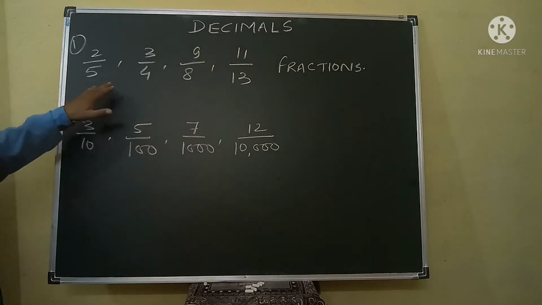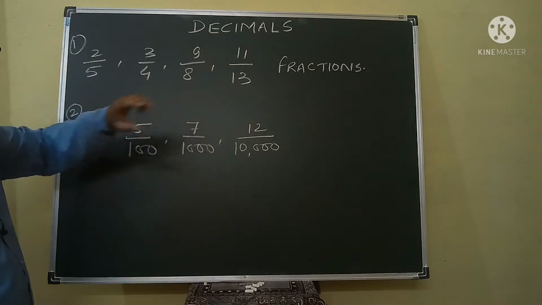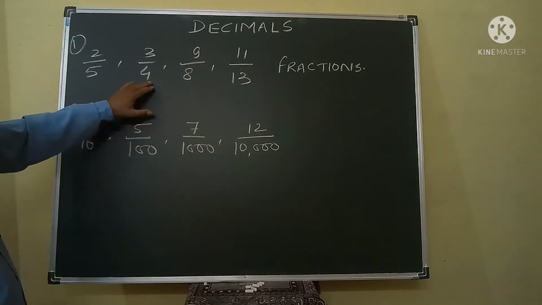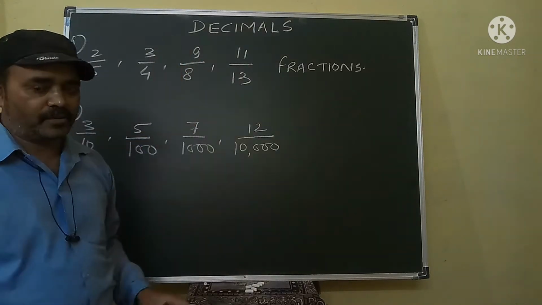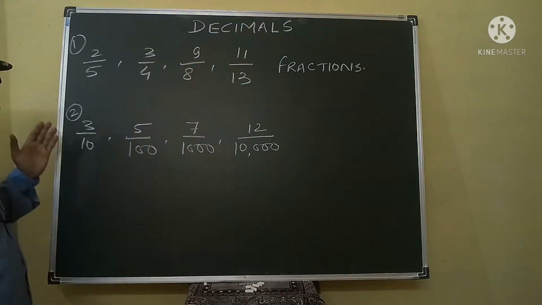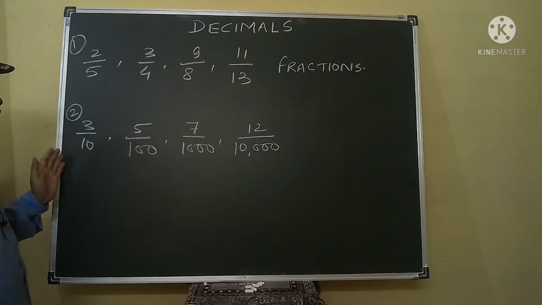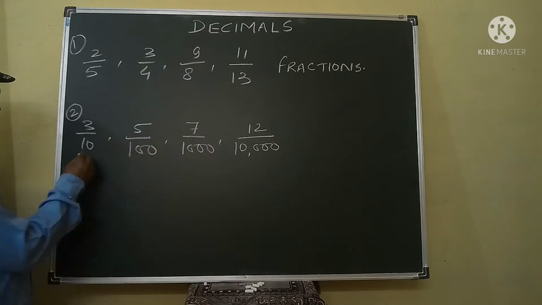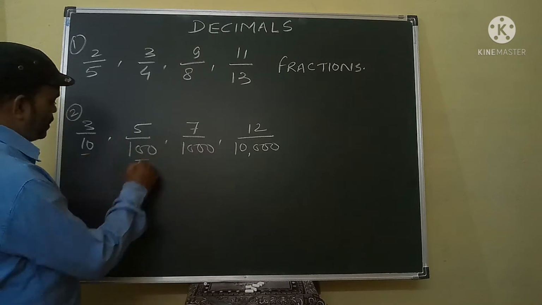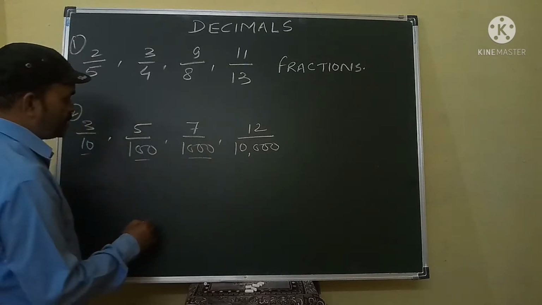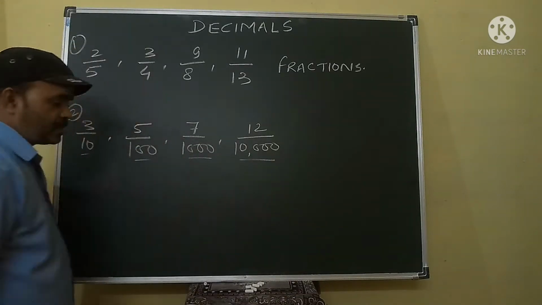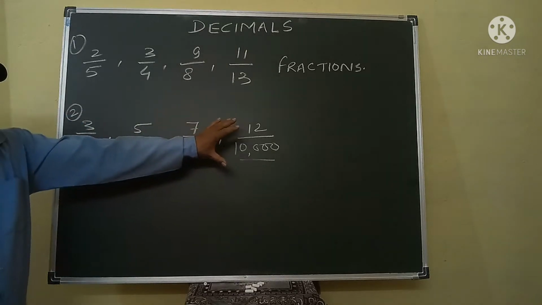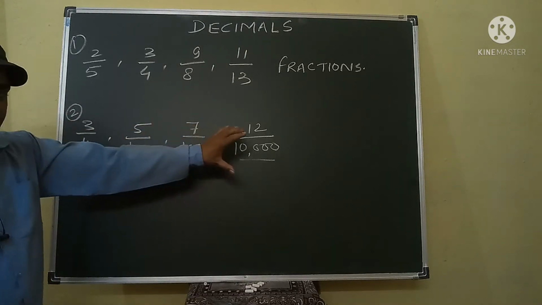In the first example, denominators are 5, 4, 8, 13. But in the second example, denominators are 10, 100, 1000, 10,000. That means this is also a fraction.